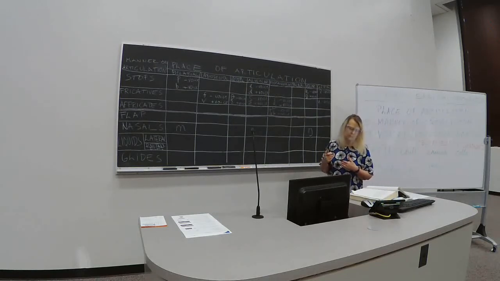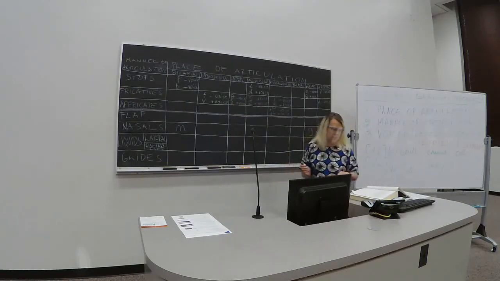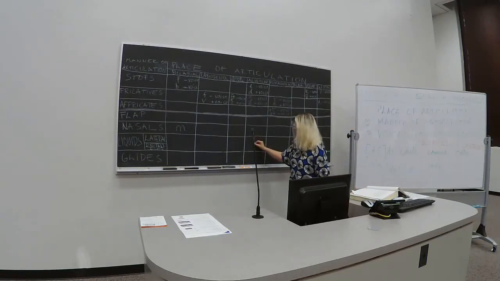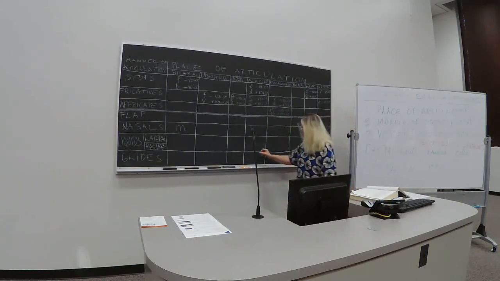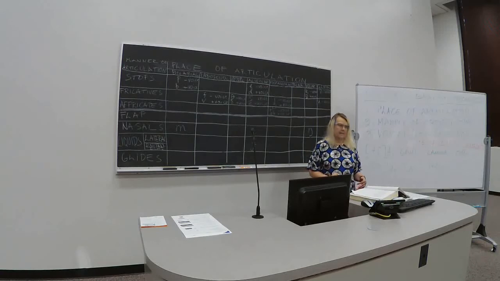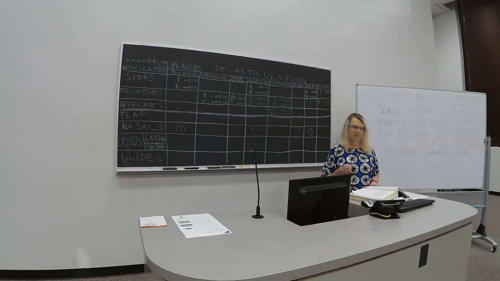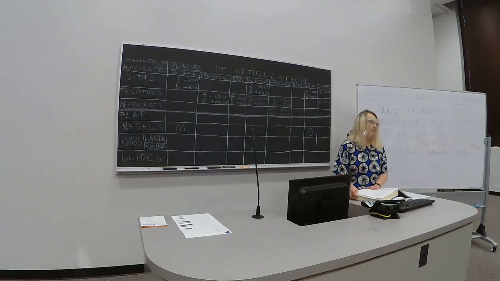Even though the mouth is open for it. English has also two liquids, which are divided into the lateral liquid, and that's also alveolar. And then the retroflex liquid, which is indicated with an upside down R. And that's the American R. There are different R sounds in different languages, like the Spanish R sound is very different.